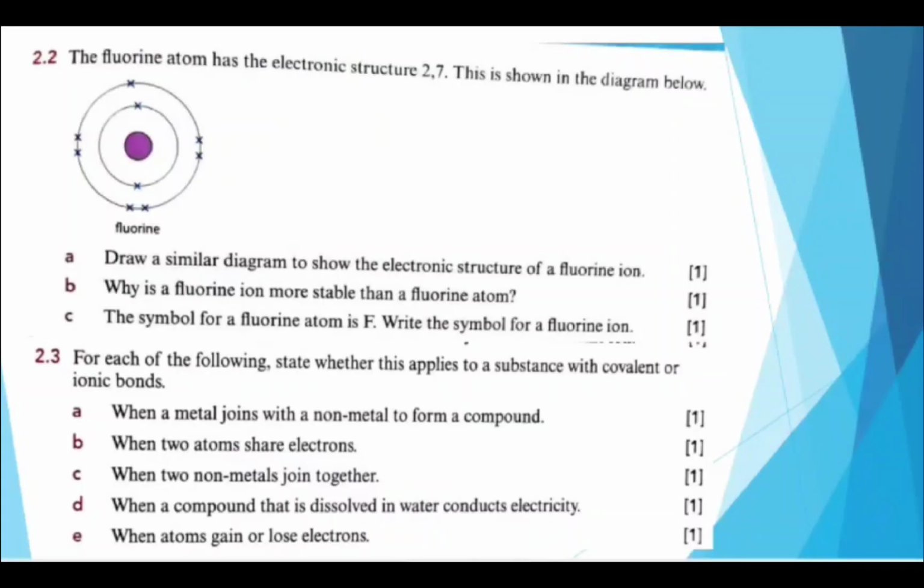The fluorine atom has the electronic structure 2 and 7. This is shown in the diagram below. Draw a similar diagram to show the electronic structure of a fluorine ion.